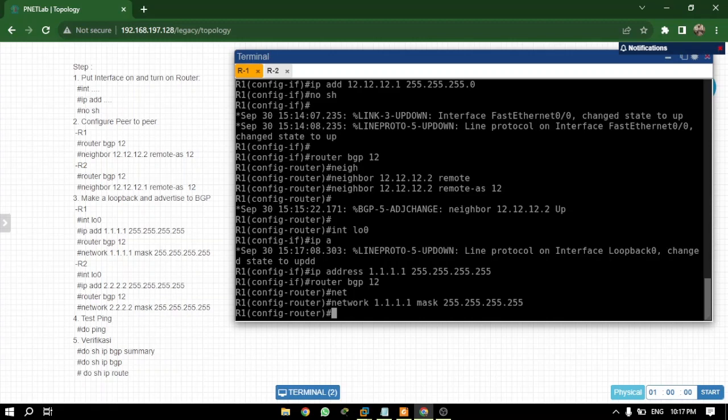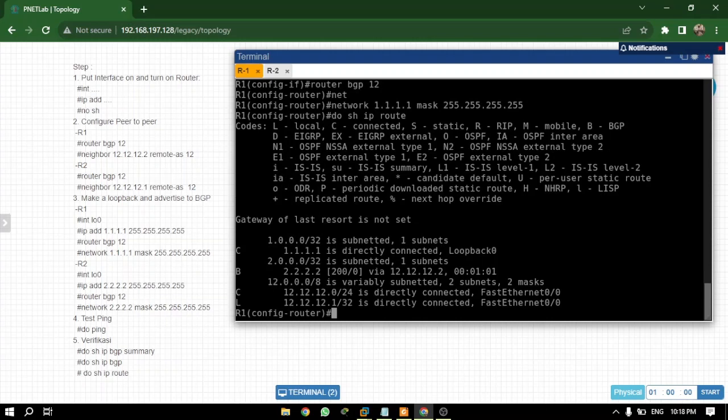Now we can check the IP address using the command show ip route. Here is the BGP route to 2.2.2.2; this code 200 is the AD from BGP. B is BGP, so 200 is the code from BGP via 12.12.12.2.